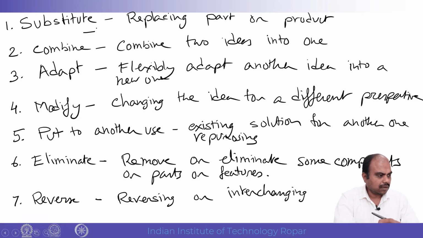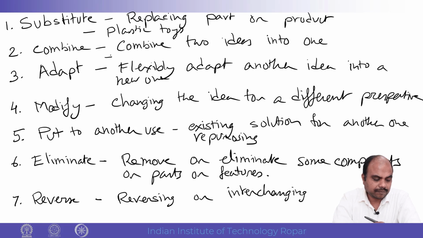So substitute, maybe if some component is made of glass, and some kids wanted to use that, so instead of glass you make it plastic. So plastic toys. So instead of glass toys or anything which can break, we are using plastic toys. So we are substituting the material and making it more usable for some other user.